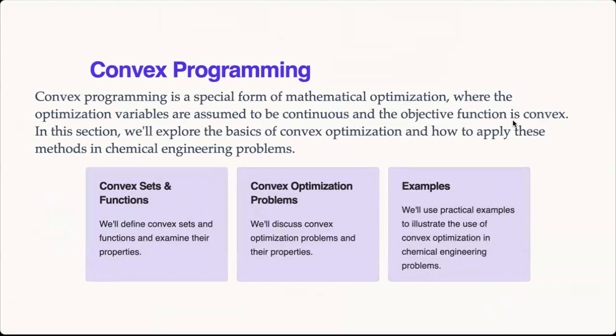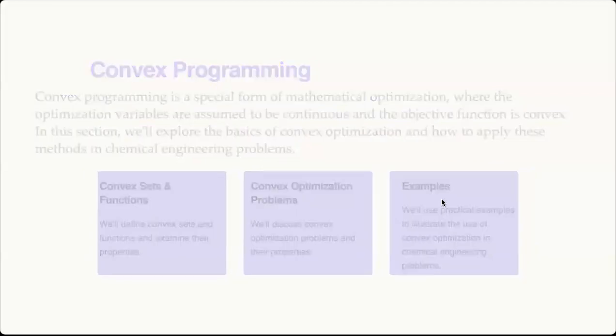Okay, later I will show you what a convex function is. I will explain the convex set and convex function, what a convex optimization problem is, and also how to solve convex optimization problems effectively.